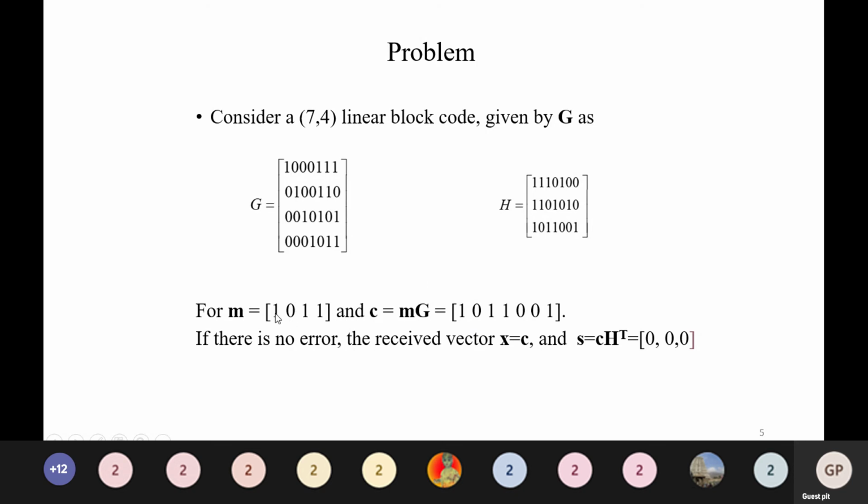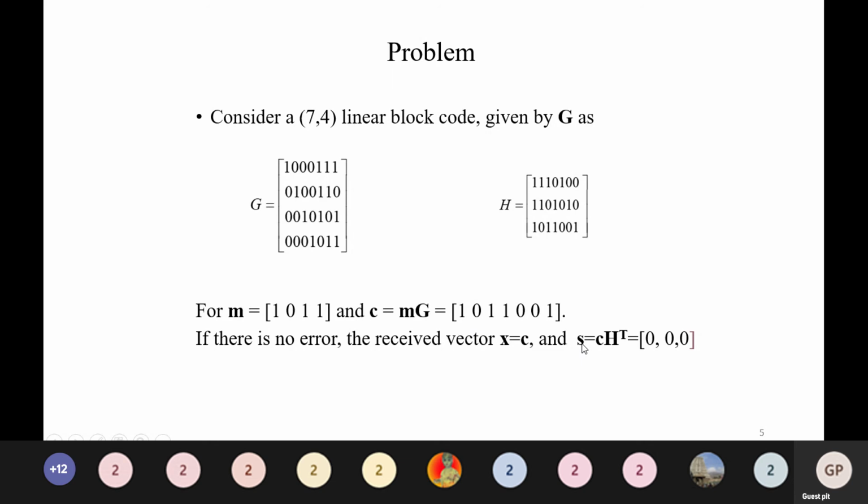You just multiply this with the generator matrix. This is a 1 by 4 and this is a 4 by 7. If you multiply this, you'll get the code word 1011001. Likewise, you can try out various possibilities. If there is no error, the received vector r is equal to c.